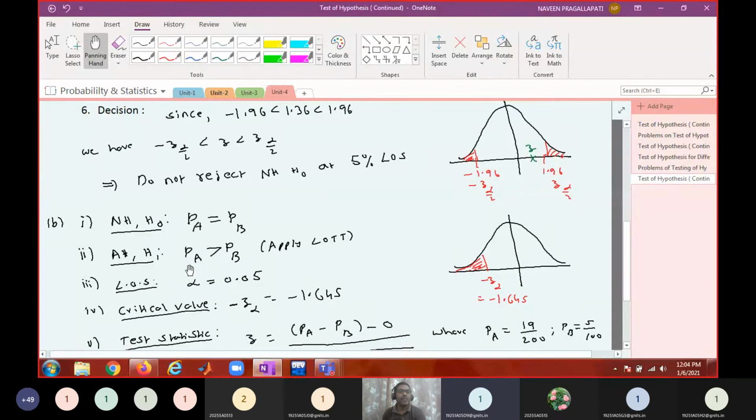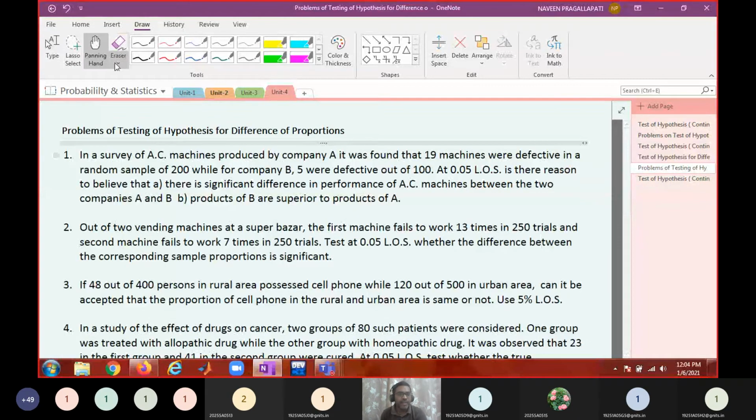Yeah. See, we want to compare products of company A and company B. The question is asked about whether products of B are superior to products of A. When will products of B be superior to products of A? When there are fewer defectives. If B is producing fewer defective machines than A, that means B is superior to A. Do you agree? Yes, sir.